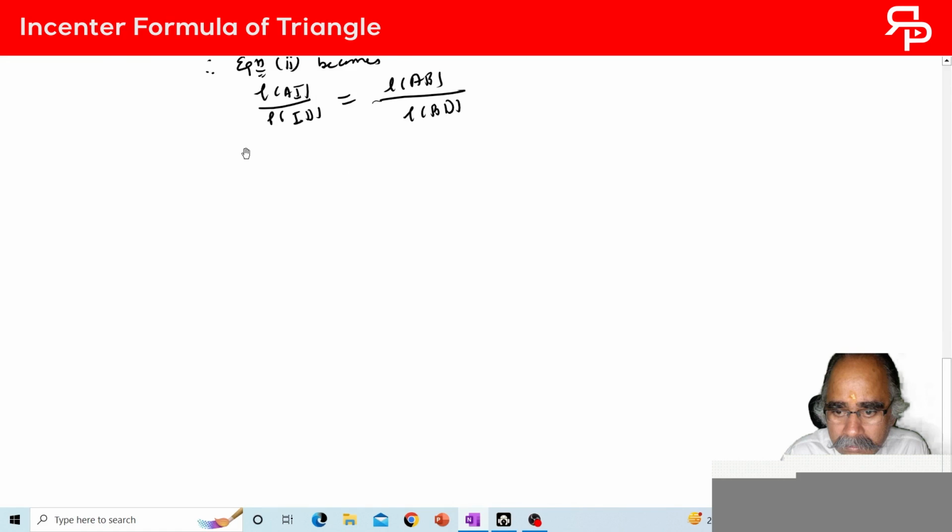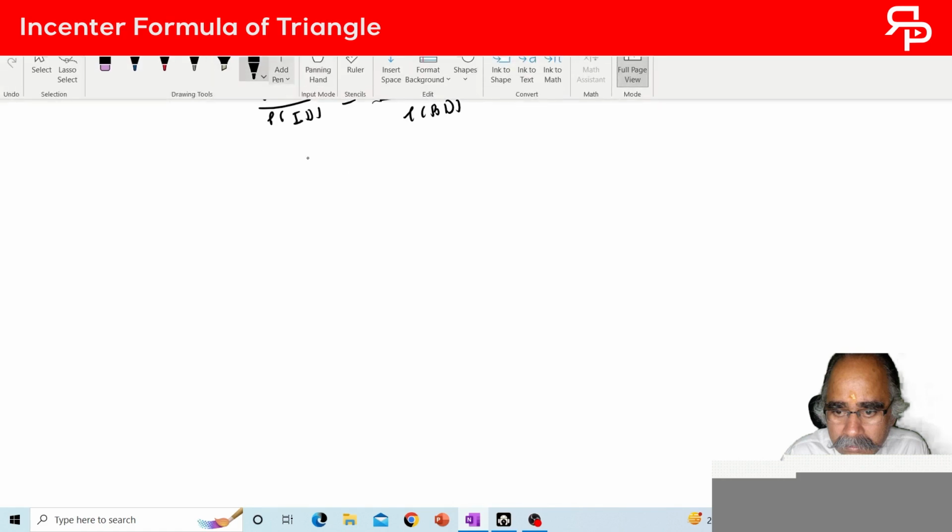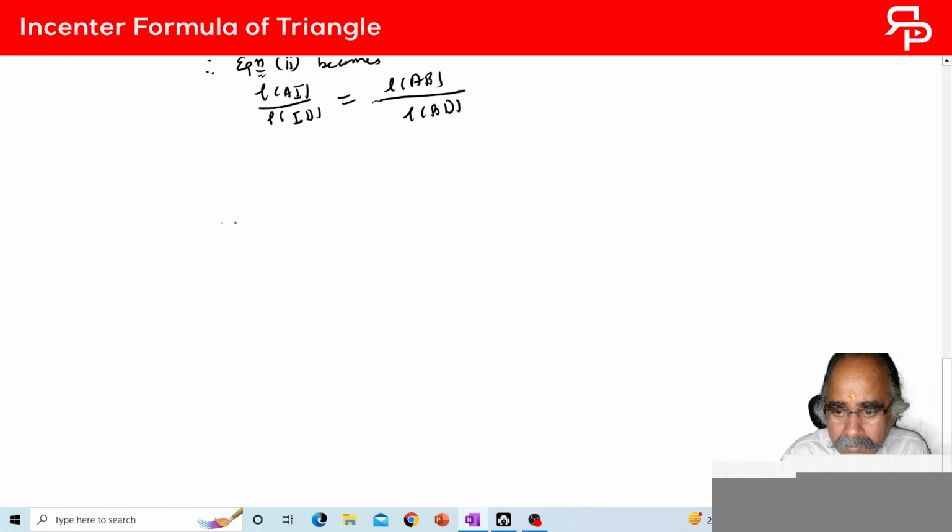Therefore, length AI upon length ID, length AB is what? You have to remember like this: in AB, C is not there, so length AB will be small c.